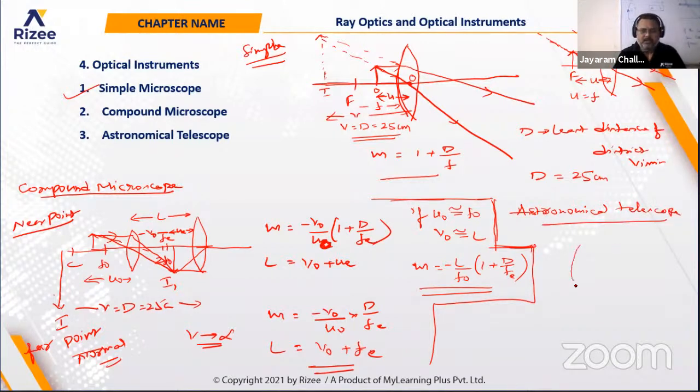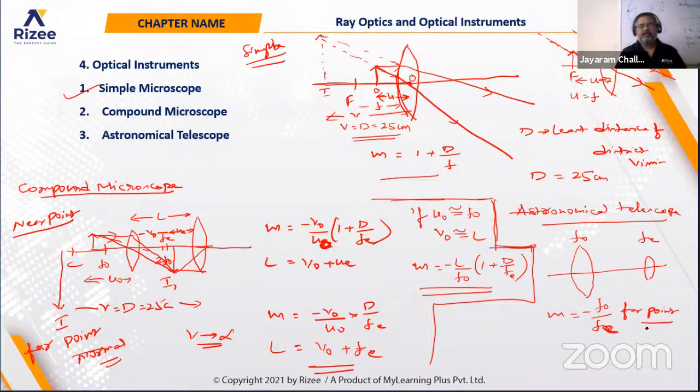For that reason, your objective will be a bigger one and your eyepiece will be a smaller one. So this is f0, the focus of this one, this will be your fe. The general formula of the magnification is equal to minus f0 by fe. Here the negative sign indicates an inverted image, please. This is for the near point, and this is for the far point.